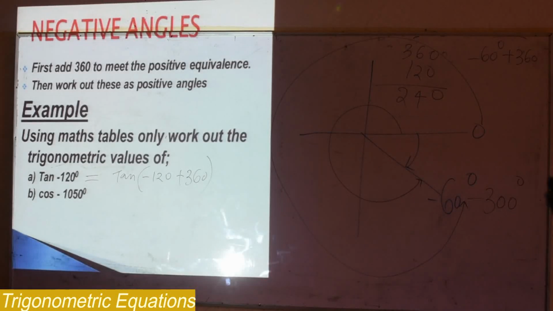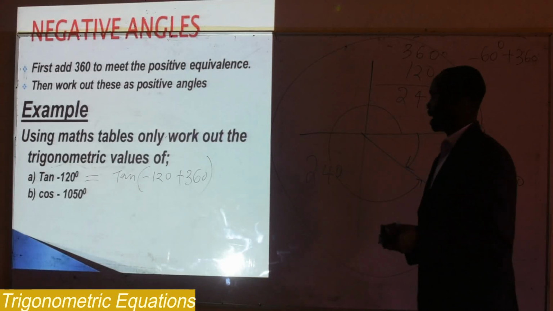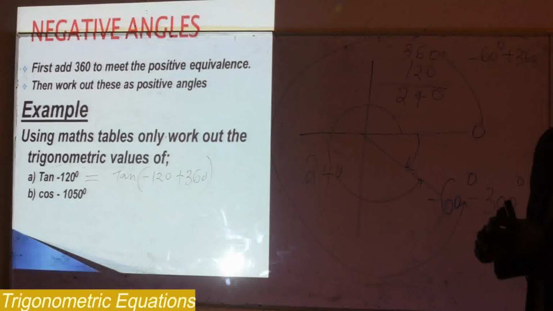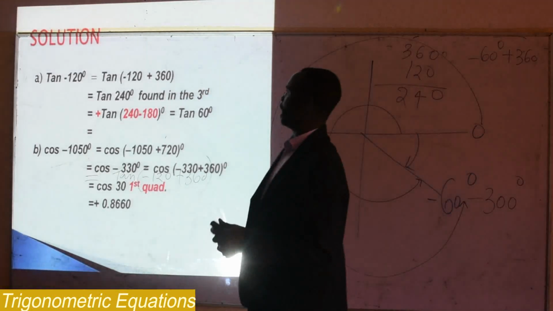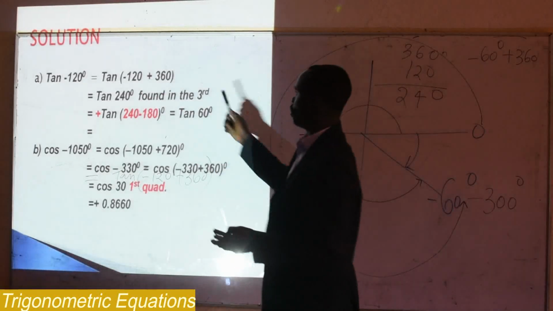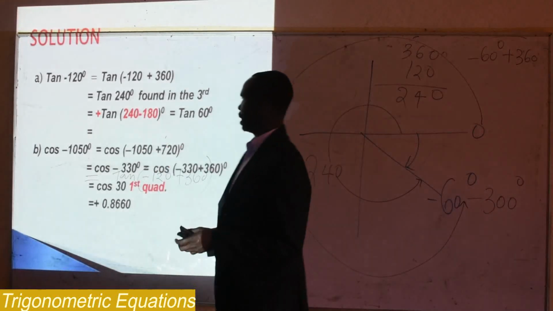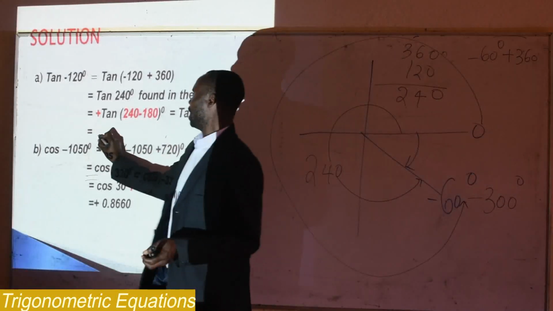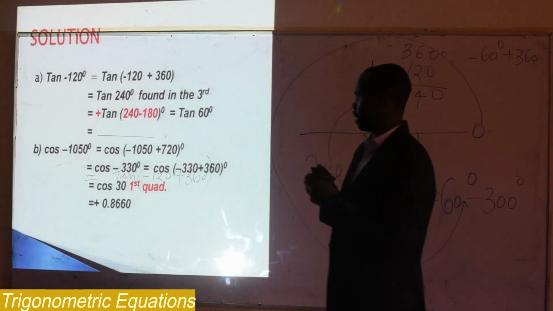So tan 240 is in the third quadrant. Here is where we have 240, and tan is positive. So let us see the workings down. It is negative 120 plus 360, tan 240, found in the third quadrant, and in the third quadrant tan is positive. So we talk about tan 60, which you can read from your maths table, and my students, write the answer there as a positive value.